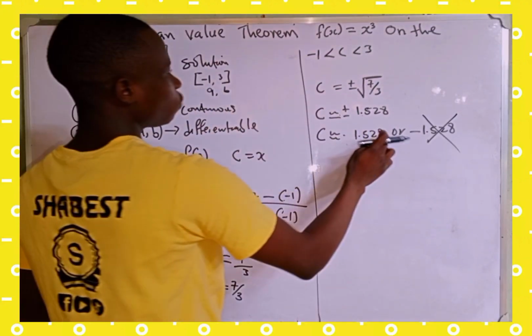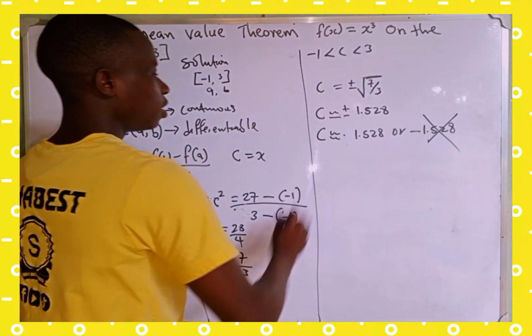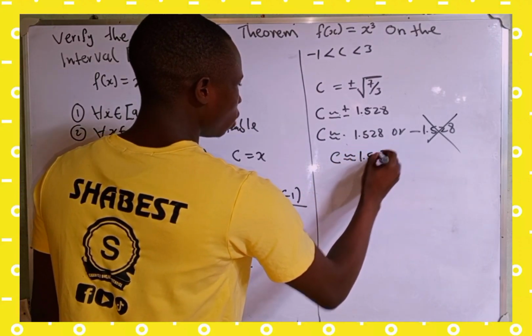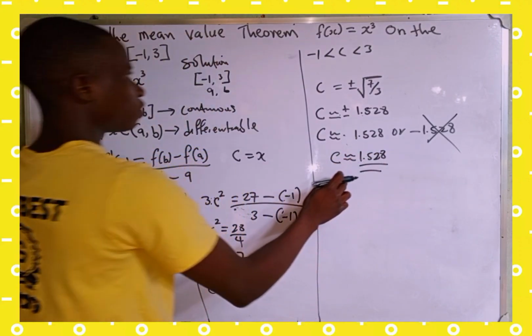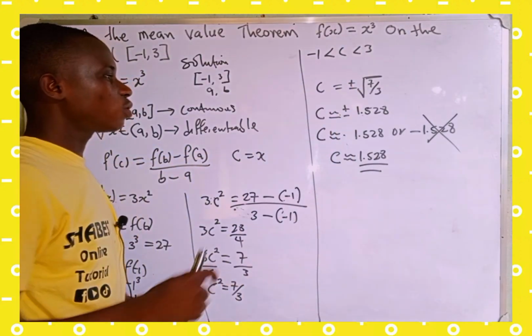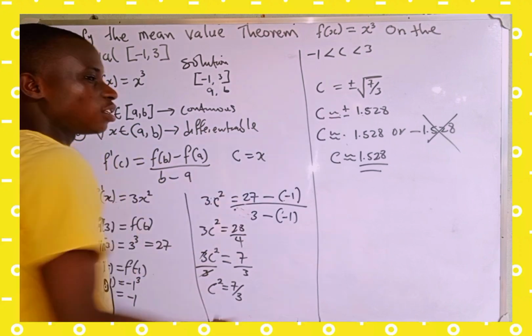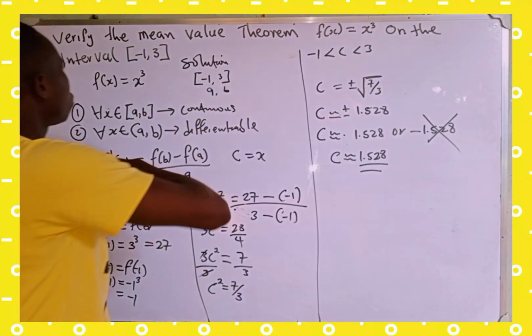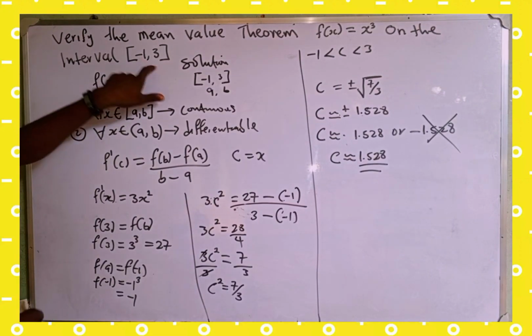But 1.528 is in this interval. Therefore, the value of c is approximately 1.528. Since this value is in the interval, we can conclude that this function satisfies the mean value theorem on the closed interval [-1, 3].